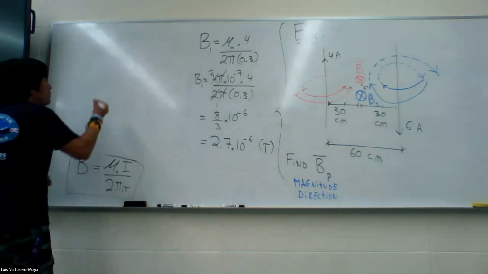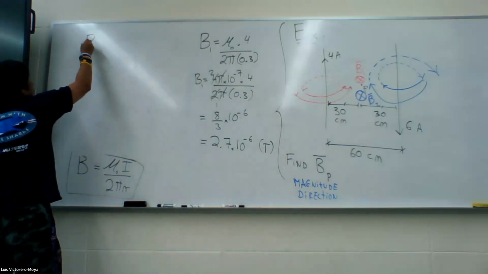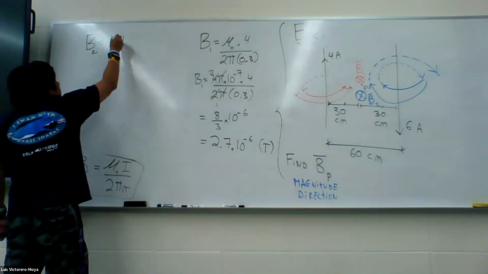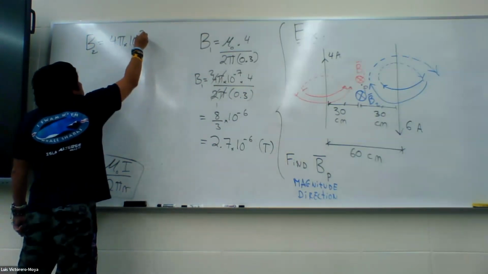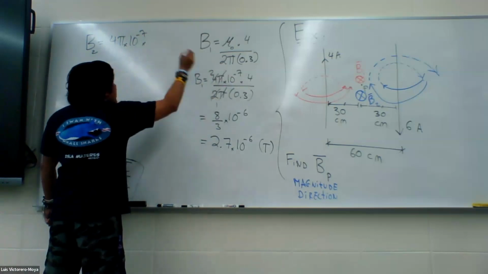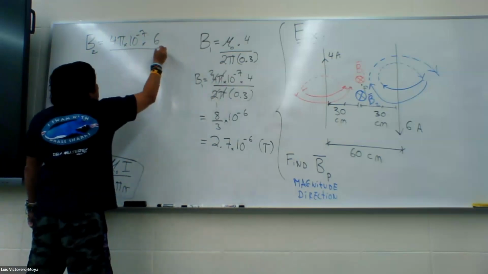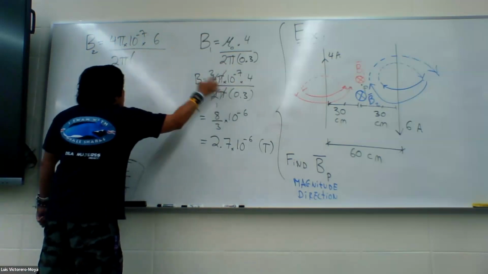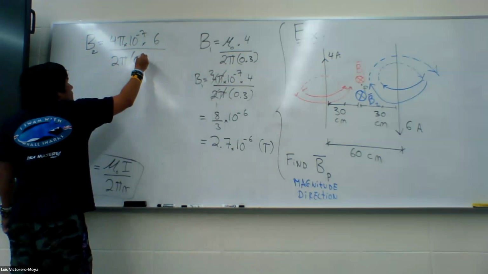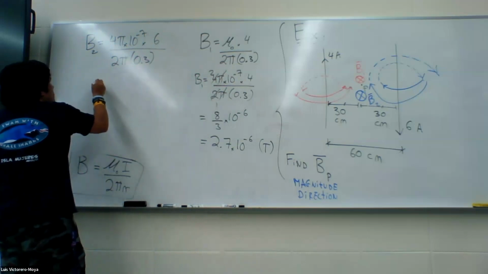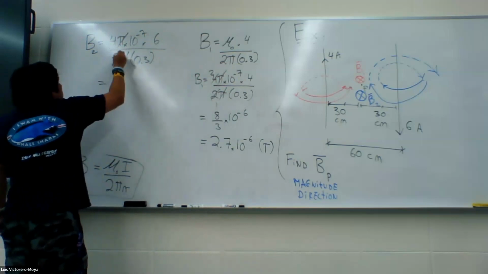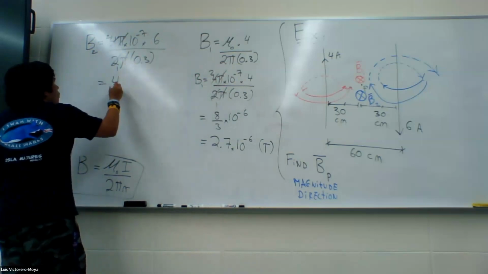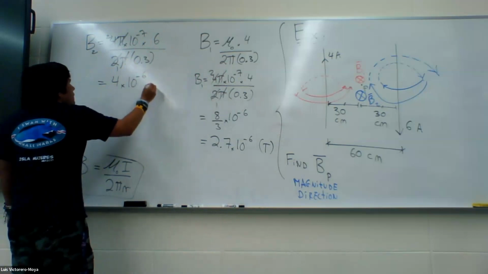Again, using this, B2 will be 4 pi times 10 to the negative 7, like that, multiplied now by 6, divided by 2 pi. What's the distance? The same, it's the middle point. Pi cancels, half of 4 is 2, 12 divided by 3, 4 times 10 to the negative 6.